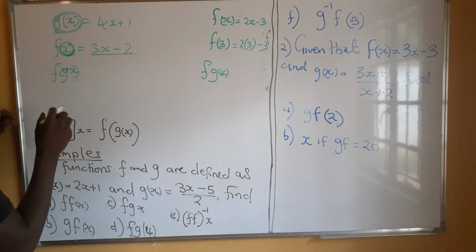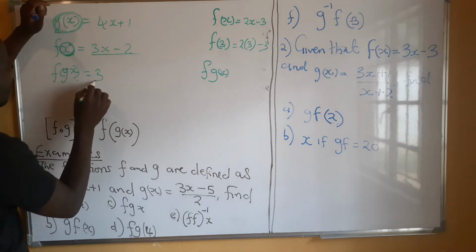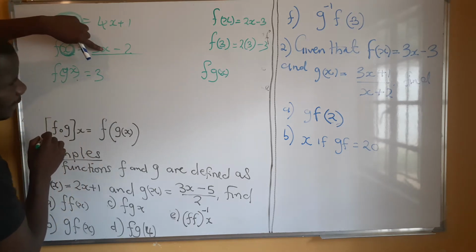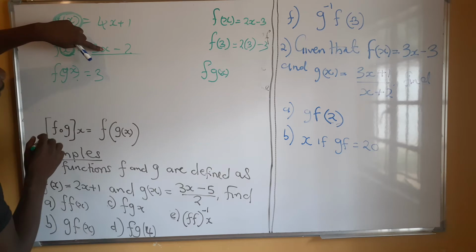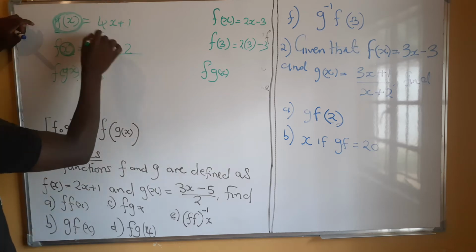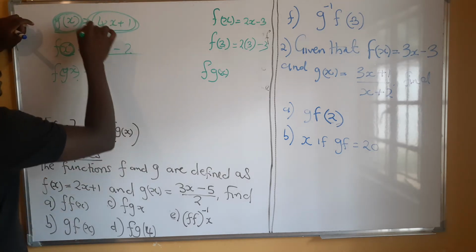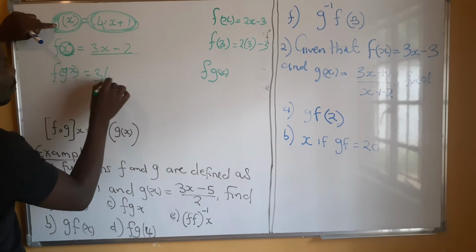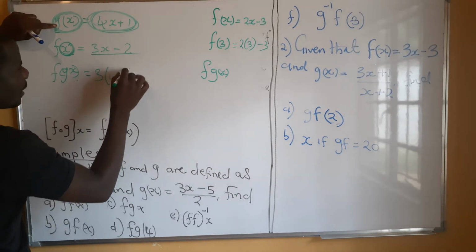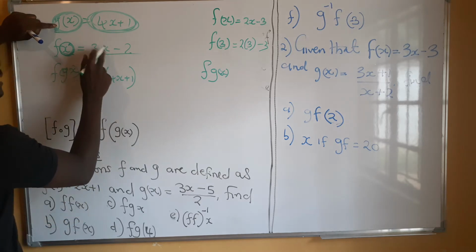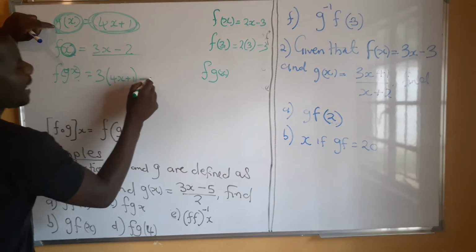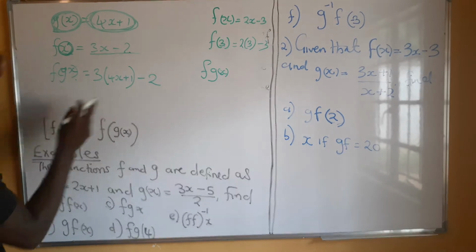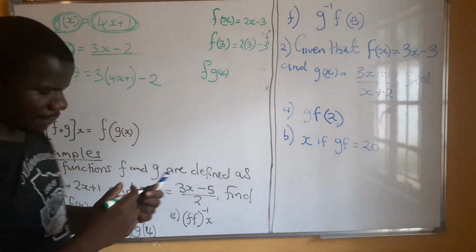So we say 3, then where there is this x, we bring in the whole function of g, which is 4x + 1. We close the bracket. It has only taken the position of x, then minus 2. This is how we are merging them.